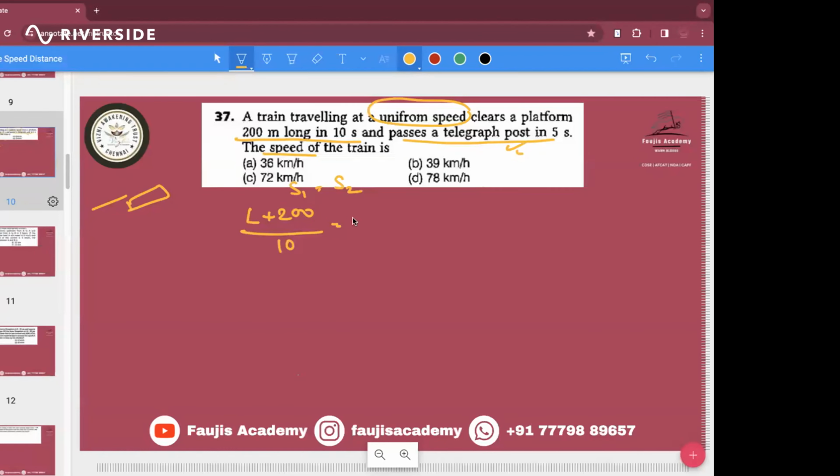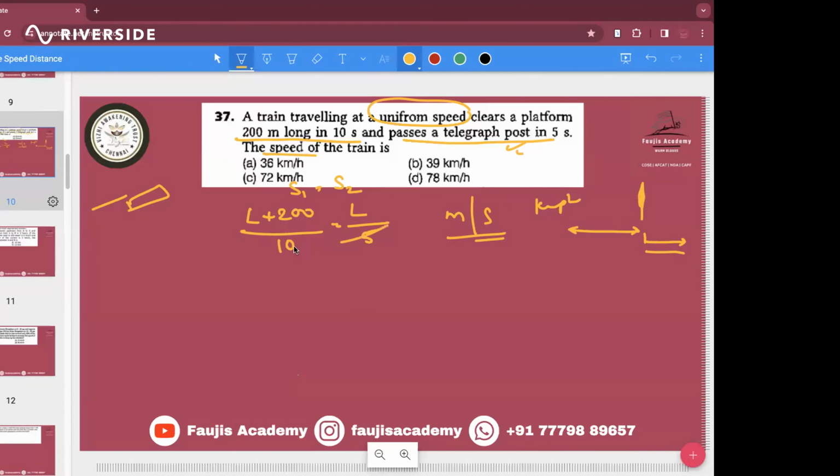Over here, if it's a telegraph post, we assume it as a negligible distance. If the rear is here, we say the train has passed. So L distance it is covering in 5 seconds. We are dealing with meters per second, not kmph.